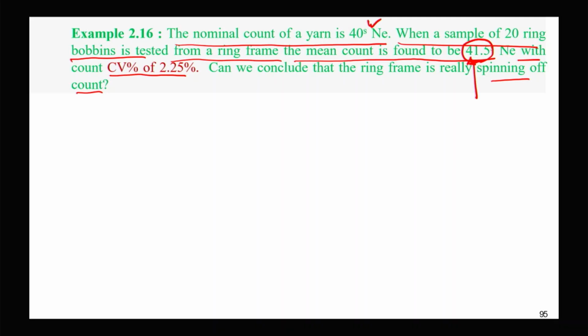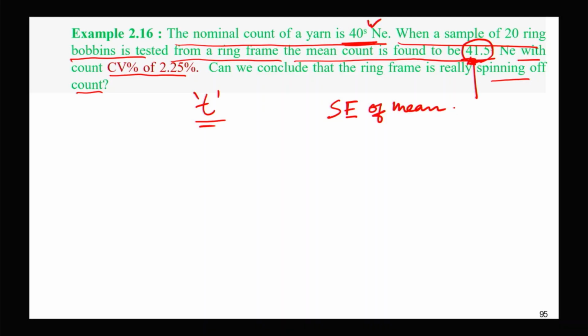So since it is a difference between means, we have to do a t-test, a test of significance. For the t-test, we need to calculate the standard error of mean.